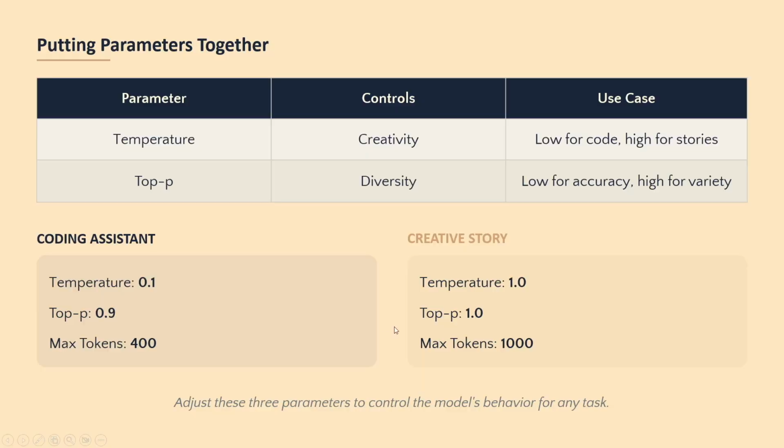Whereas hallucination in the case of code is not needed. So, we will not give temperature as 1 for coding, and top P is 1 because we need more variety in the story. For a creative story the maximum tokens, because it is generated text, should be around 1000 or more. For coding it can be only 400.